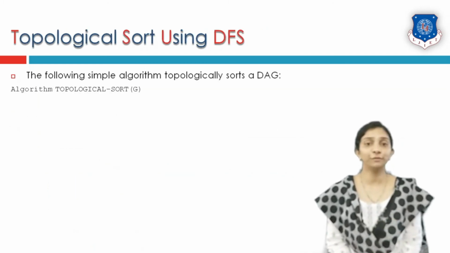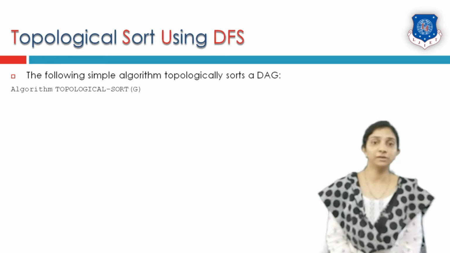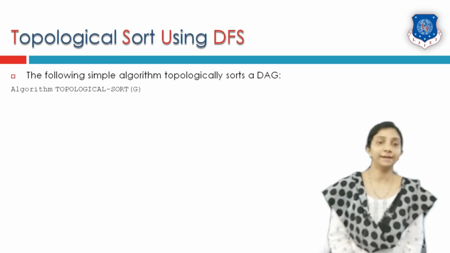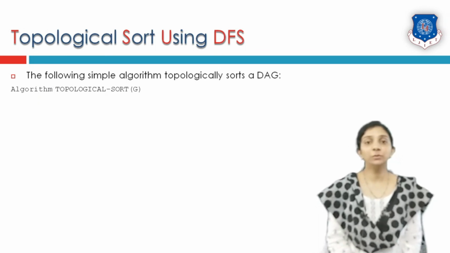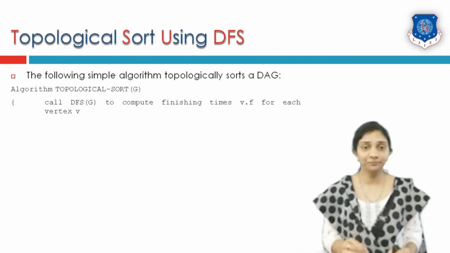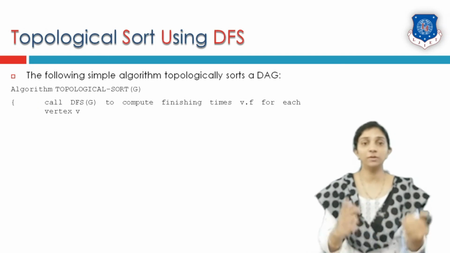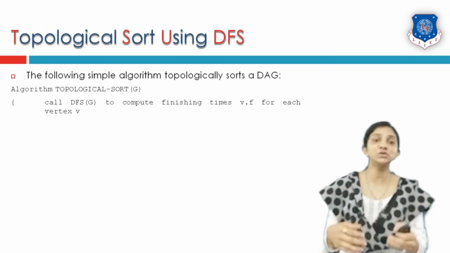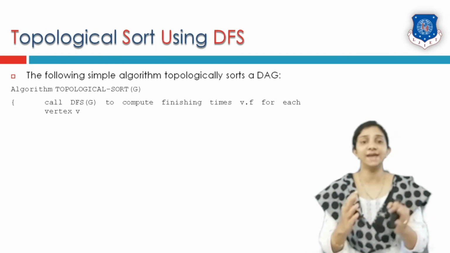The algorithm to find a topological ordering of a directed acyclic graph using DFS takes an input graph G. First it will find the finish time of each vertex using DFS.